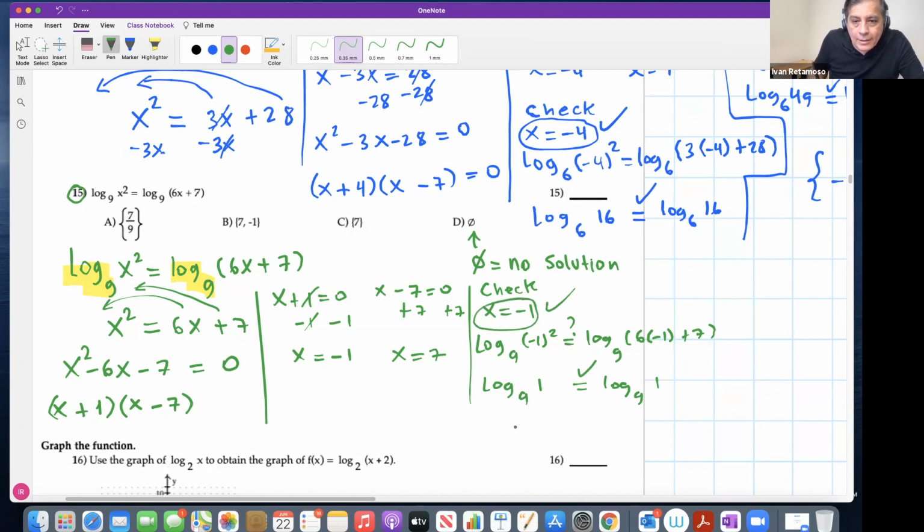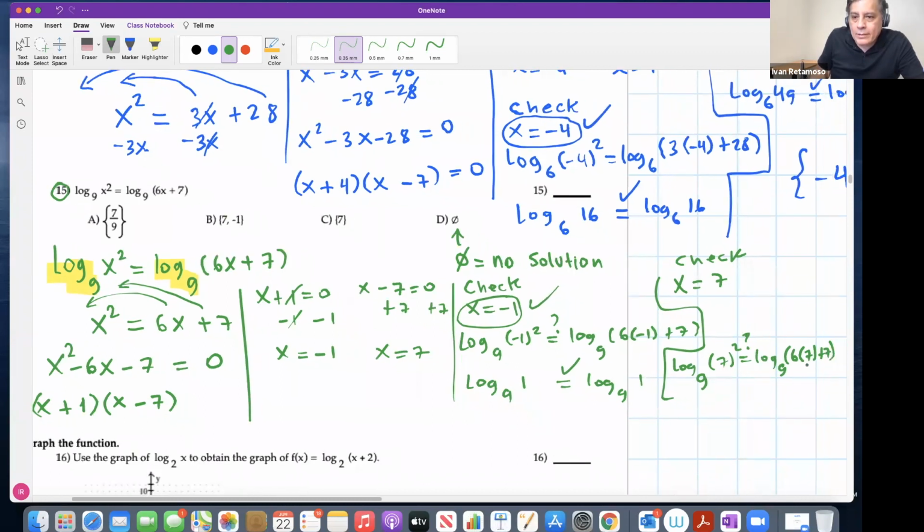Now, the second one is x equals 7. Check. Again, you write log base 9 of 7 squared. Is this equal to log base 9 of 6 times 7 plus 7?